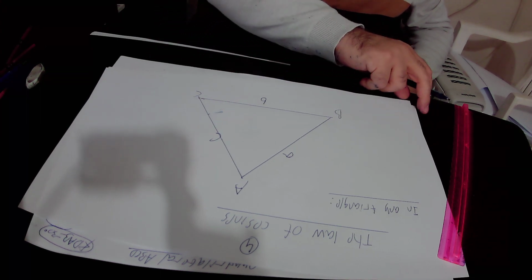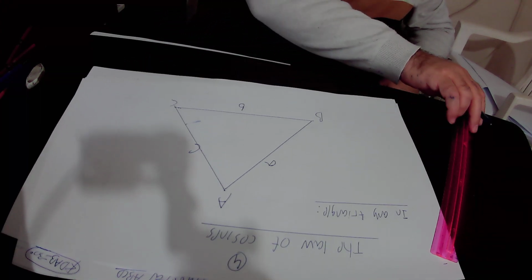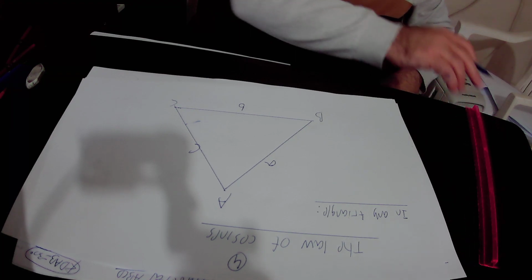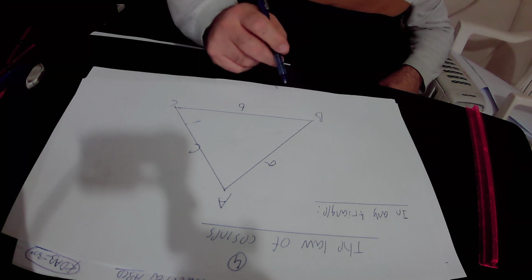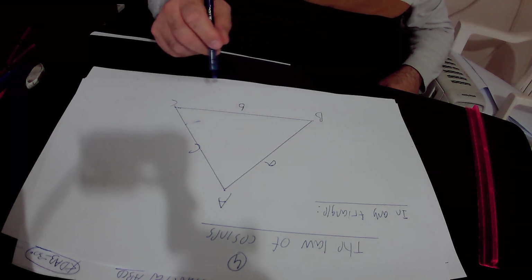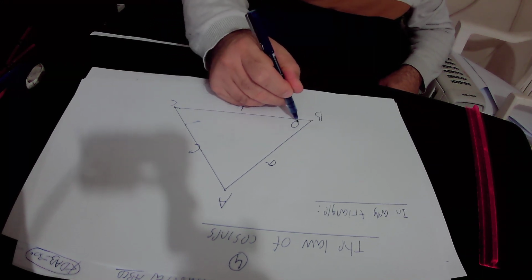Then, according to the law of cosines, and we also know that the angle between side AB and side BC is angle theta.